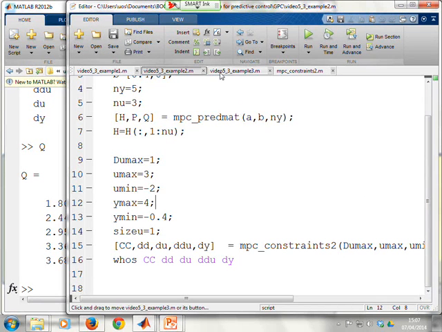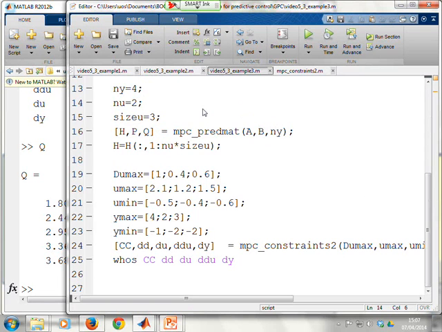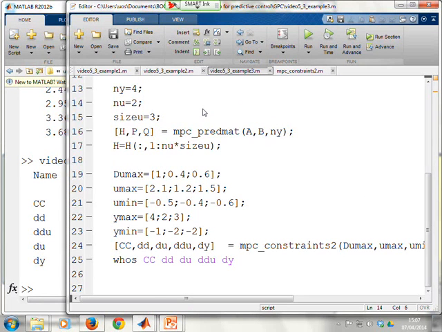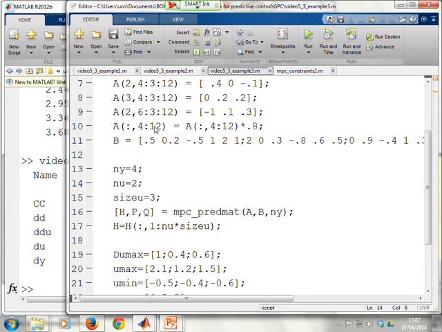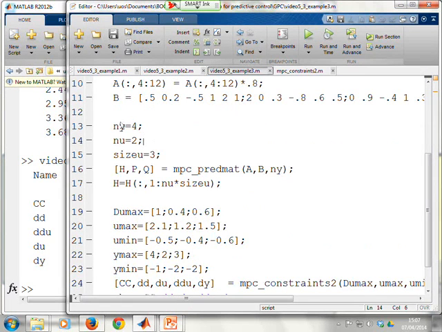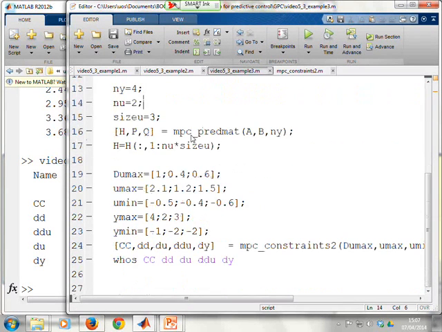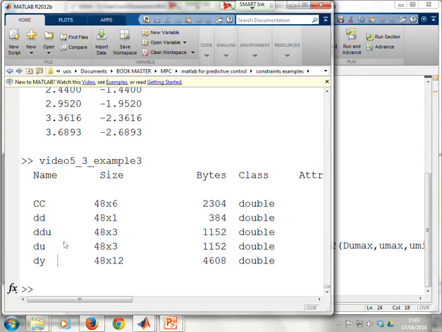Now if you go to video 5.3, example 3, this is a multivariable example. So if you look at the top, you'll see it's got the A's and B's. It's got 3 outputs and 3 inputs. I've chosen an output horizon of 4, an input horizon of 2. They are quite small, but this is just for illustration. And so how big are these matrices going to be? And here you can see the answer.